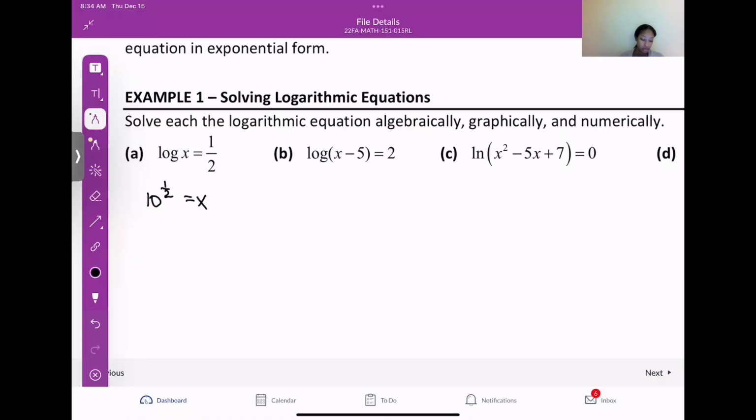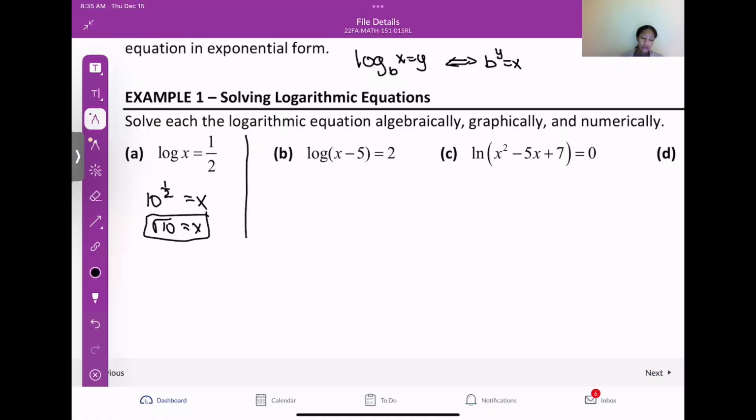That's our solution here. x is equal to the square root of 10. Nothing else to do. If we remember our rule for writing logarithmic expressions in exponential form, these aren't too bad to solve. If you need a refresher, log base b of x equals y is equivalent to b to the y power equals x.